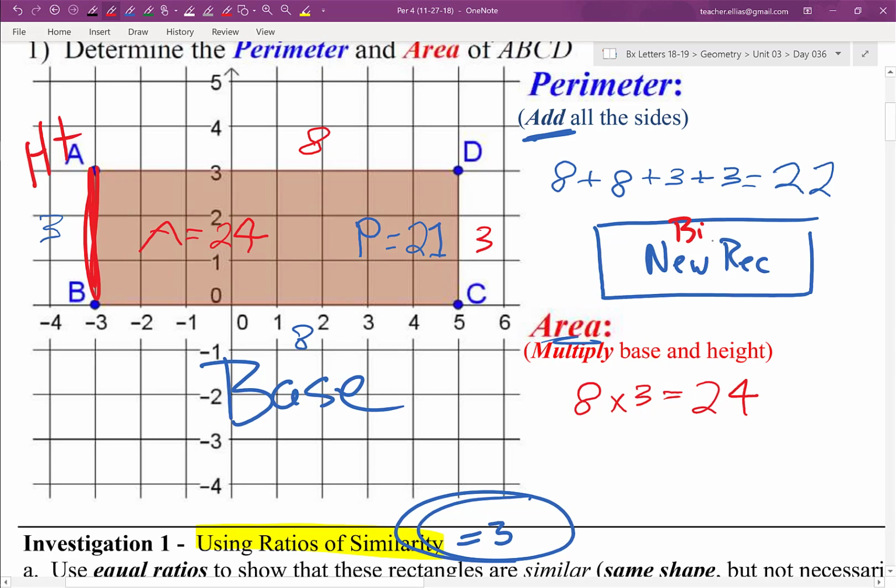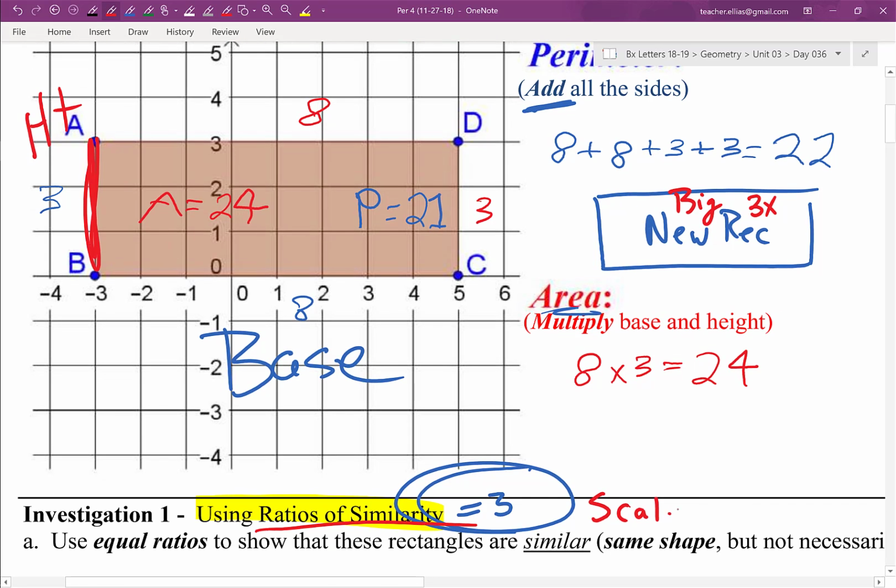Okay, I think that's as simple as you can get. This is going to be bigger. Could you tell me how much bigger? 3 times bigger. If our ratio of similarity is 3, it's 3 times bigger. So when I say ratio of similarity, what am I really saying? Scale factor. This is a fancy way to say scale factor.